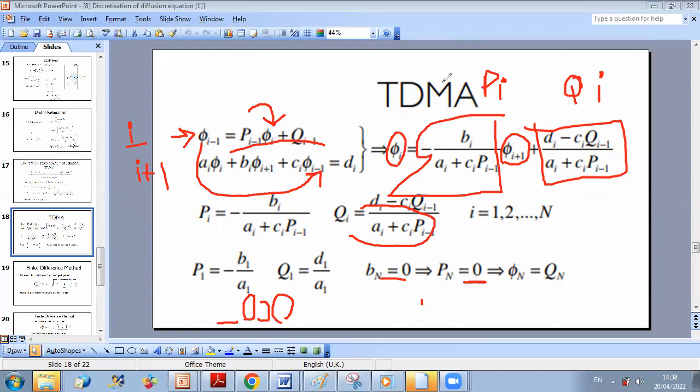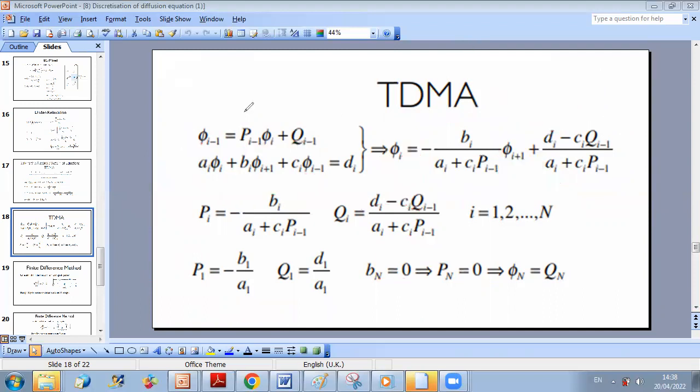So what we can conclude is that once we do it in one cell, you can work from cell to cell and deduce your coefficients for each equation, instead of having phi i plus 1 function of the variable before and after. This algorithm will allow you to express at each cell the variable function of the variable just after it. And the coefficients Pi and Qi are defined from replacement using these two equations.